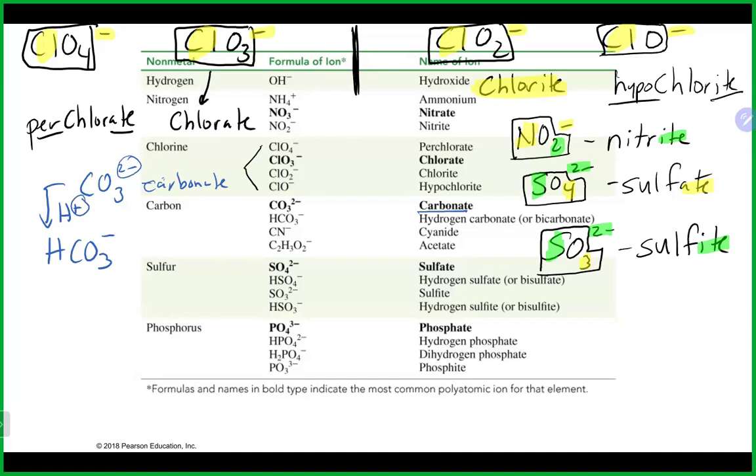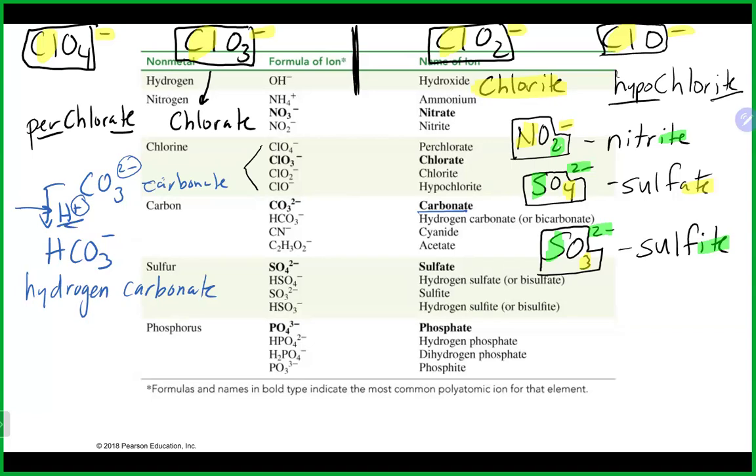So 2 minuses and only 1 plus leaves you still a minus left over. What I basically just did was put a hydrogen on it, in front of carbonate. That is now known as hydrogen carbonate.